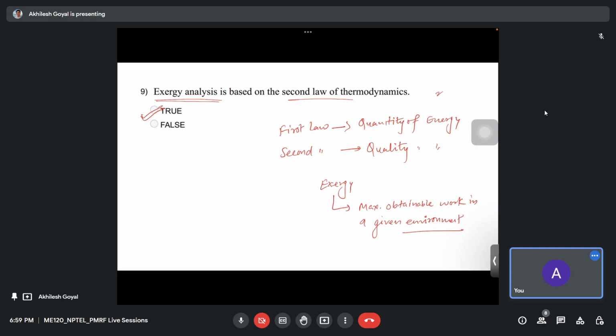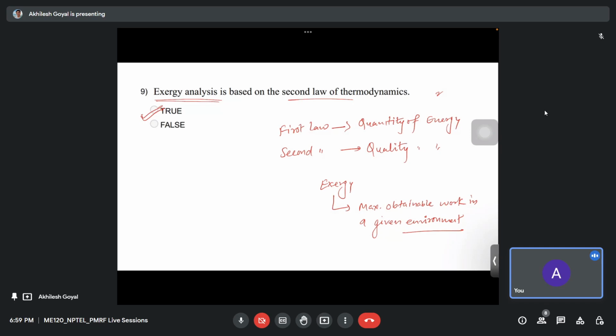In the first law we talked about the quantity of energy, how much heat is being transferred, net heat transfer should be equal to the net work transfer.